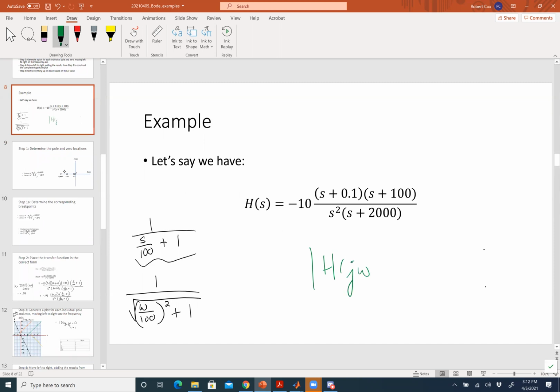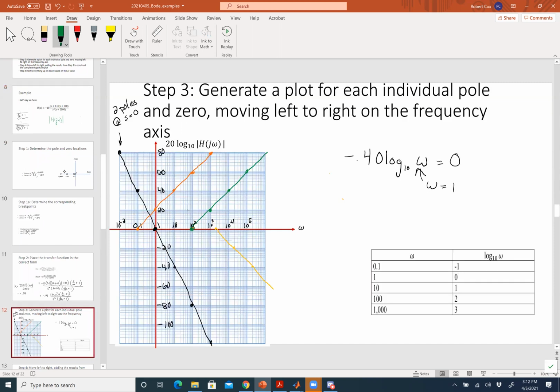There is nothing at all negative on any of this graph because what are we looking at? On this graph, we're looking at positive frequencies and we're looking at magnitude. What's confusing about this is that the log of a number is negative if that number is less than 1.